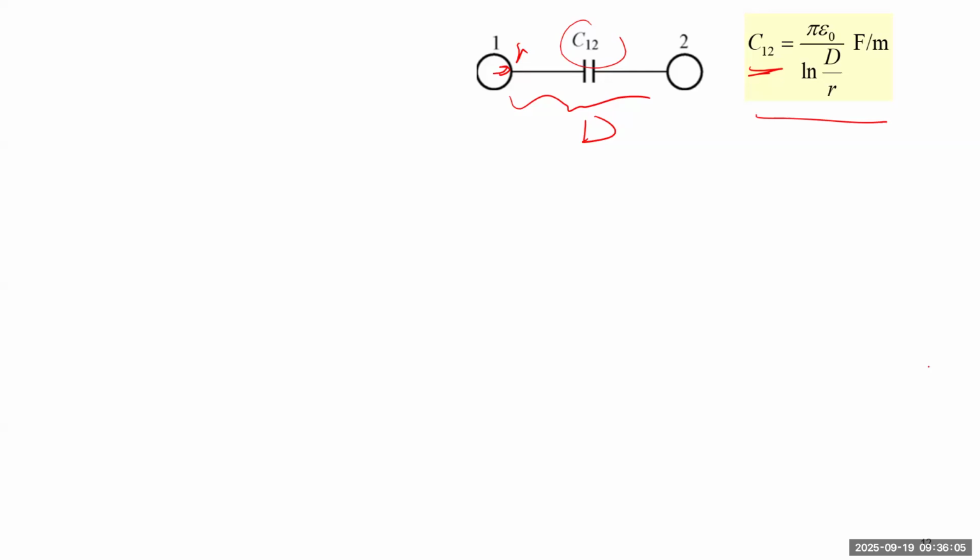Okay, we can create another reference. The reference can be ground or maybe the neutral point. We just calculate capacitance for each line, each phase, relative to the neutral point. So if we really want to calculate capacitance between two lines, we just add the two together. Okay, so this equation is good, but it's not convenient to use. So we can assume there's a neutral point.